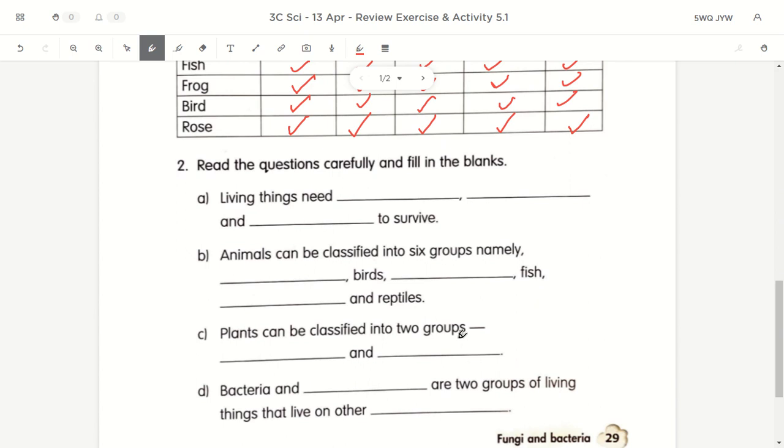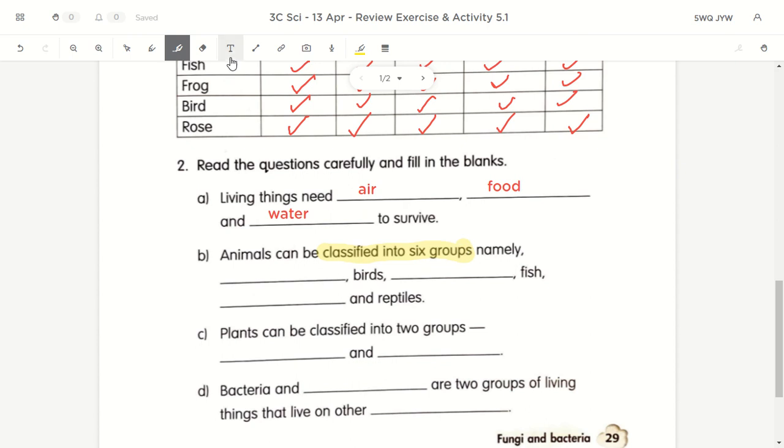Read the question and fill in the blanks. This is quite straightforward. All living things need air, food, and water to survive. So we have your air, and then your food, and then your water. Animals can be classified into 6 groups.